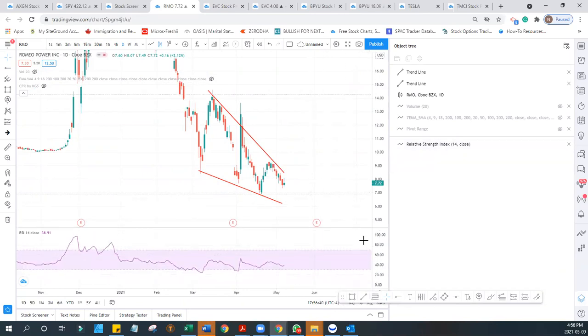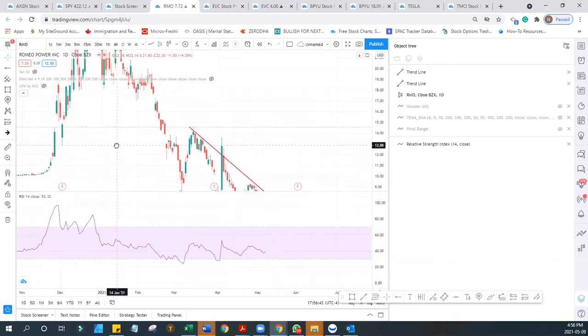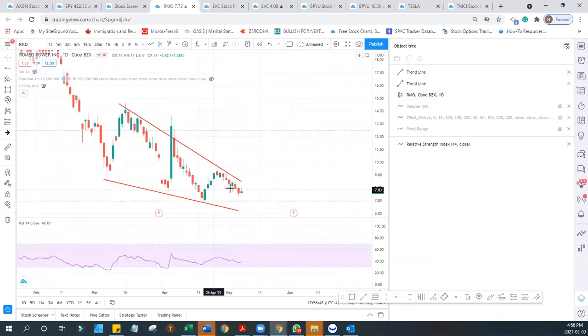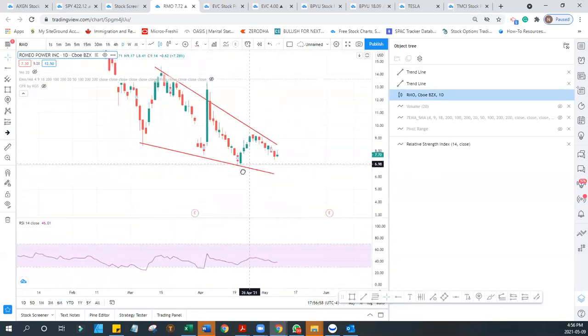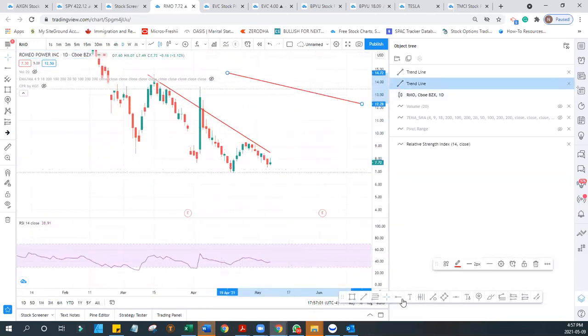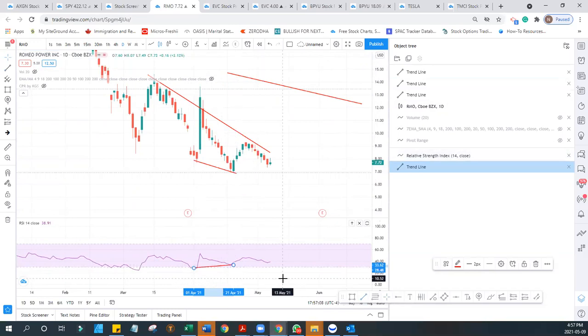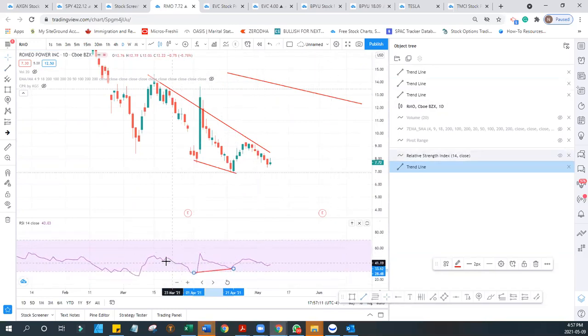Now, if you see, for the RSI, not the price, just the RSI, the price was falling and the RSI was going up. So that means there is a chance that the price will go up. This is called a divergence.